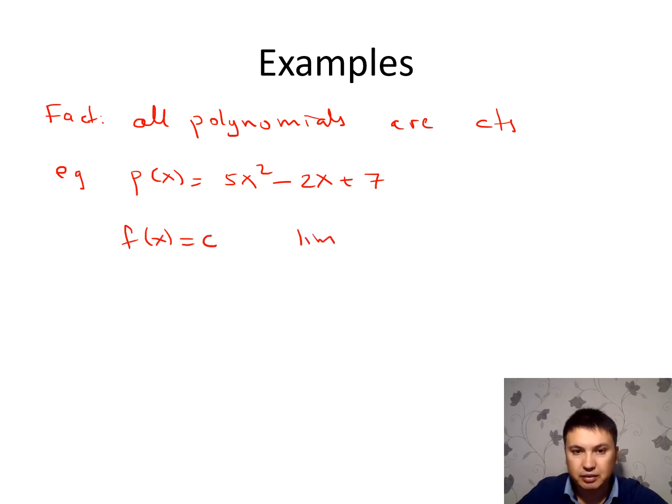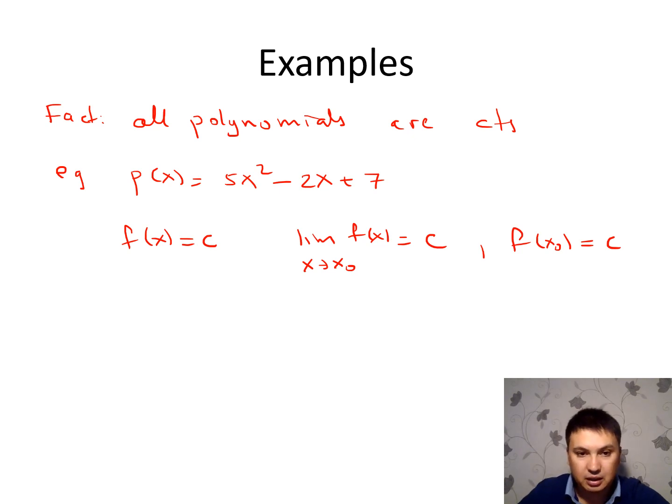Let's say x goes to x0 of f of x. Because it's constant, this is c, so the limit exists. And what is f of x0? Because it's constant, it's c. They are equal, so constant functions are continuous, right? So the constant function 7 is continuous.